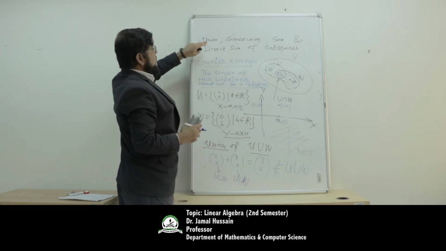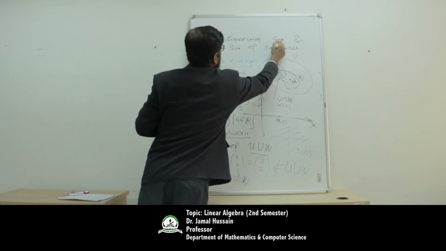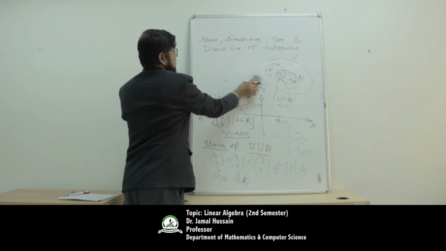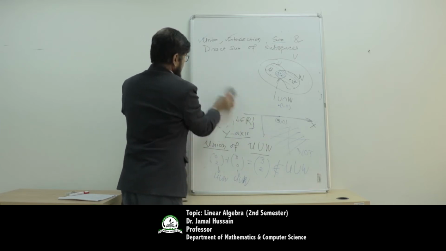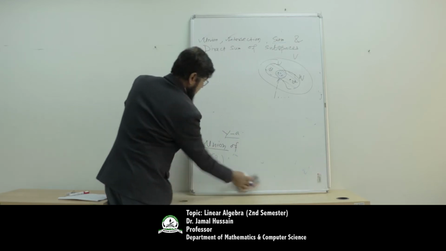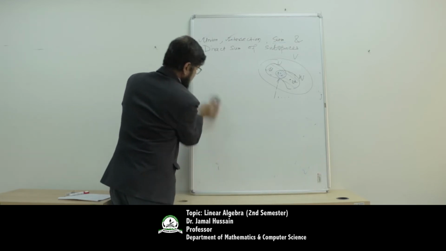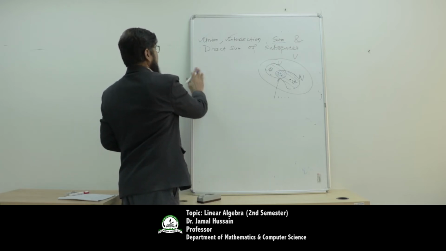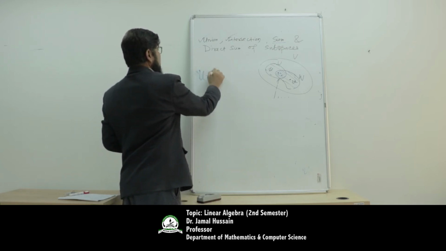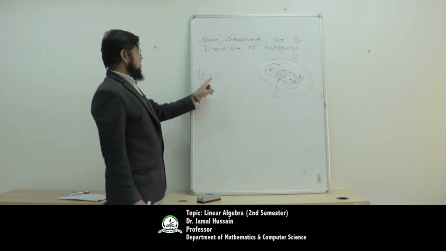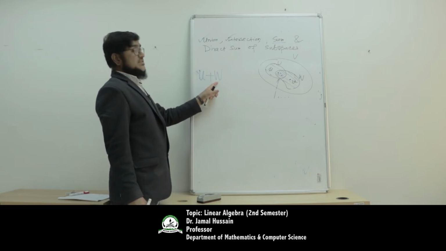Okay, so this we have seen, and now let us see what is the sum. What do we mean by the sum of two subspaces? How do we define the sum? We write U + W, where U and W are subspaces, and we denote the sum like this.